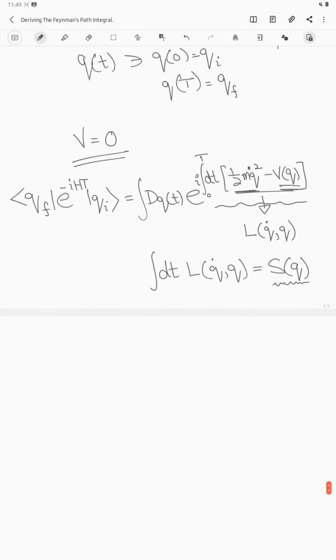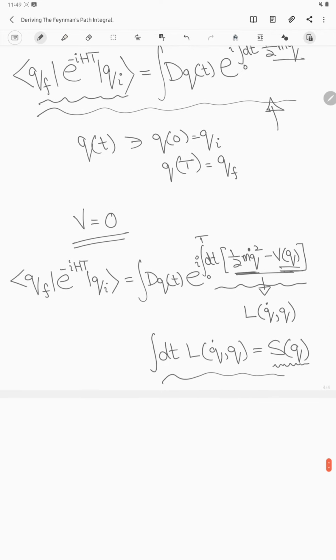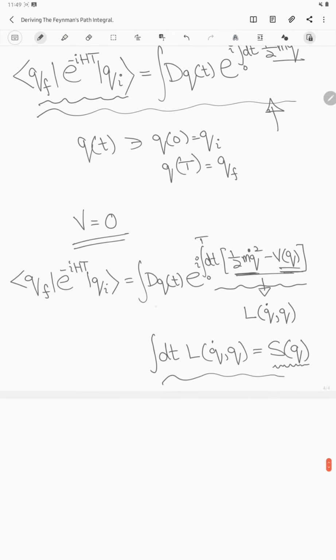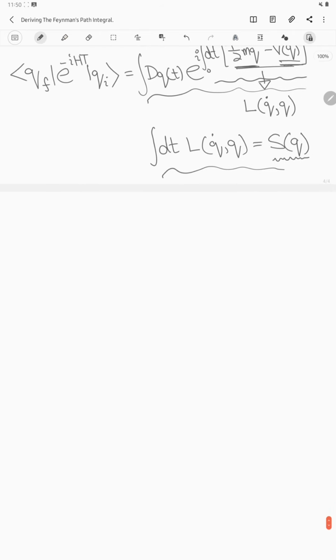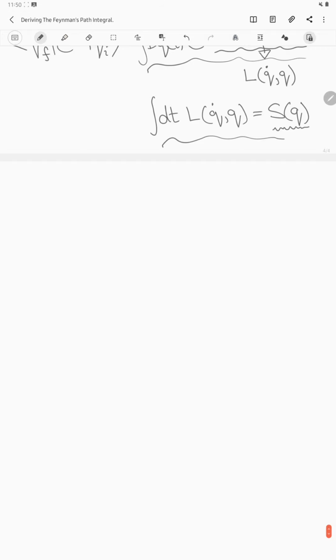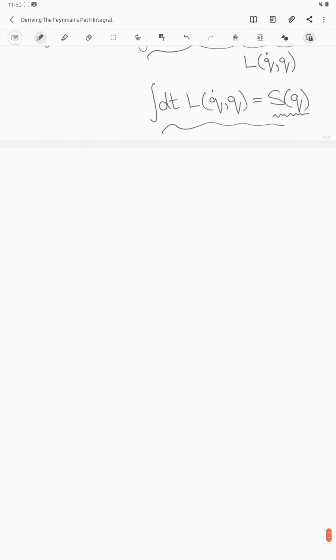So if I use this thing and put it in this expression that I have over here, I finally have the general path integral representation as qf exponential negative iota ht qi.